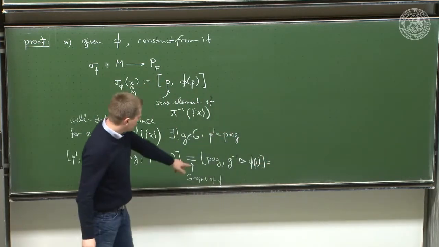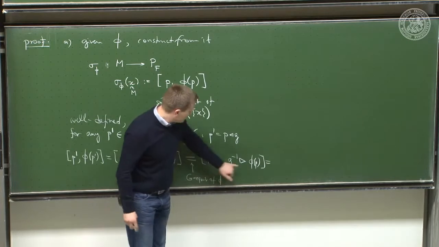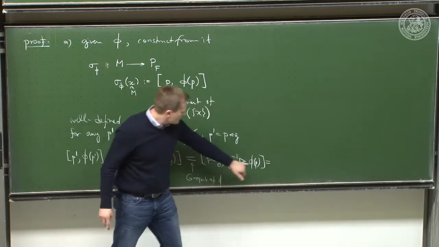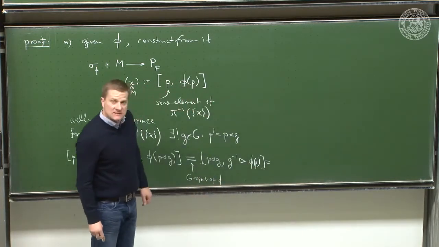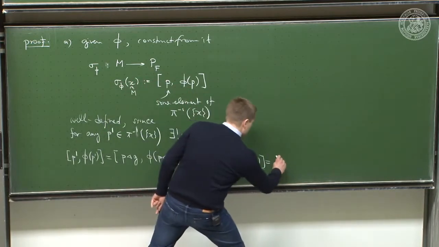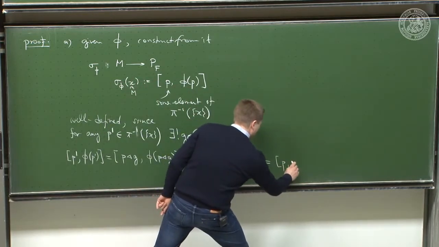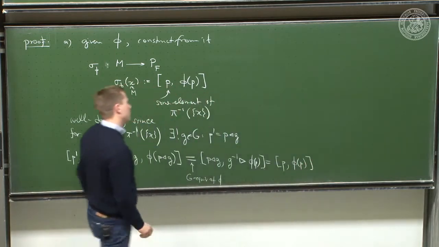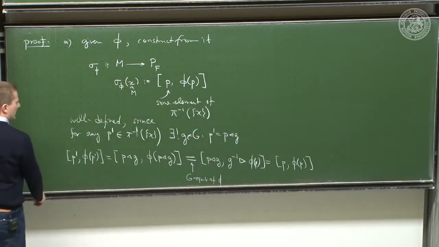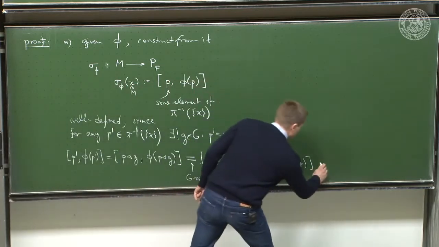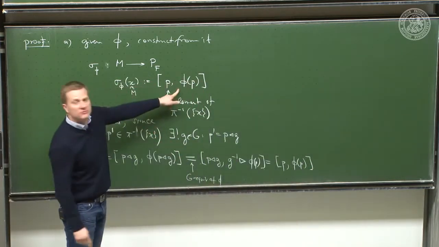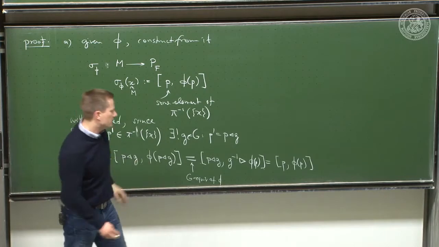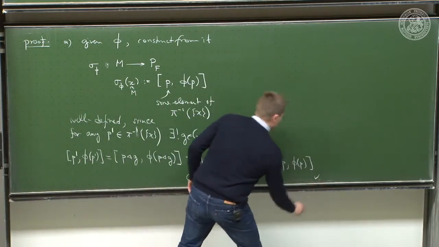Aha, but this, because of the definition of these equivalence class brackets, is again the same as [p, phi(p)]. And that's the same as we wrote here. So it's well-defined.